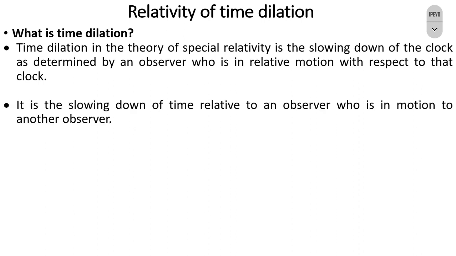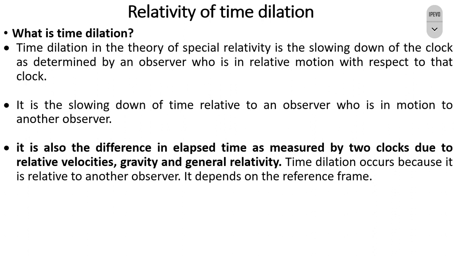We can as well define it this way. It is the slowing down of time relative to an observer who is in motion to another observer. You can as well define it this way.